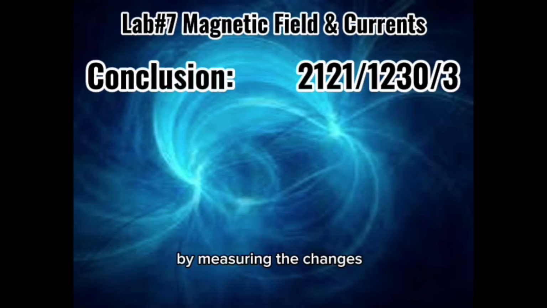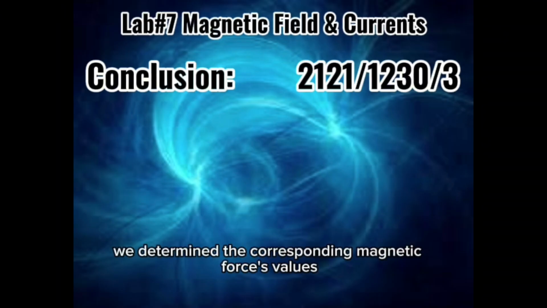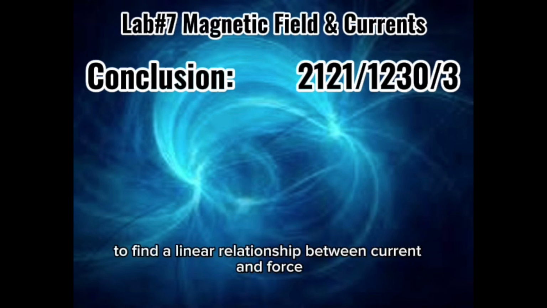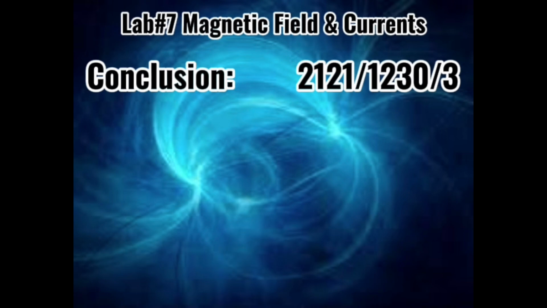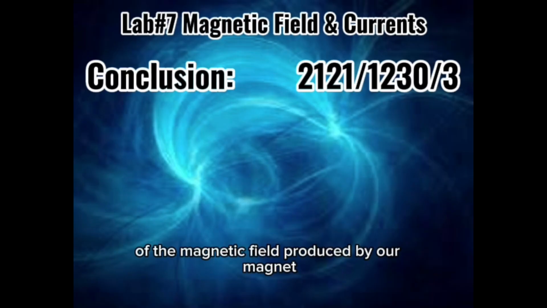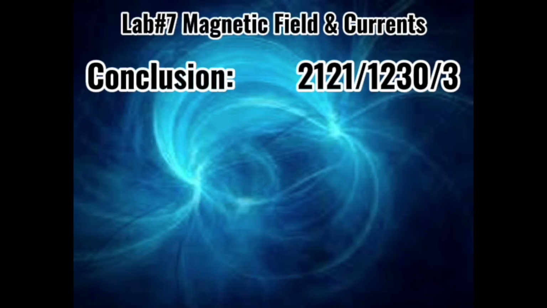By measuring the changes in apparent mass of the magnet assembly as current varied, we determined the corresponding magnetic force values and plotted them to find a linear relationship between current and force. From the slope of this graph, we calculated the magnitude of the magnetic field produced by our magnet.